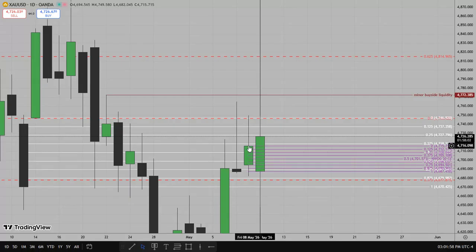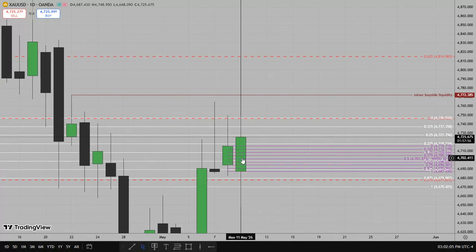So from the closing to the open there on Sunday evening, we have the new week opening up. Today is Monday 11th May 2026. The time right now is 3:02 p.m. in New York time, but in Kenyan time that's 10:02 p.m.